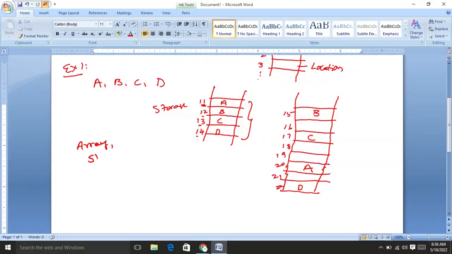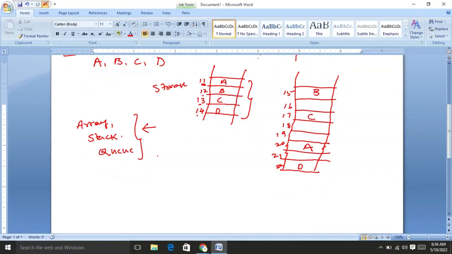In the same way, stack is a linear data structure, and queue is also a linear data structure. These are examples of linear data structures. Graphs are an example of a non-linear data structure. Trees are also examples of non-linear data structures. These are some of the examples of non-linear data structures.